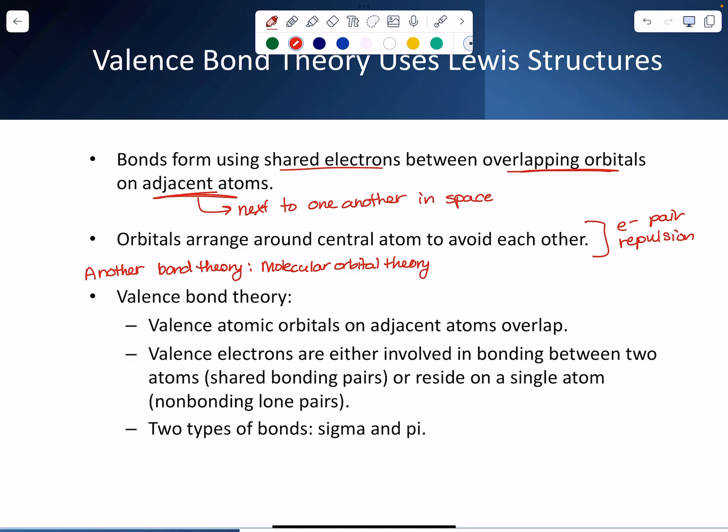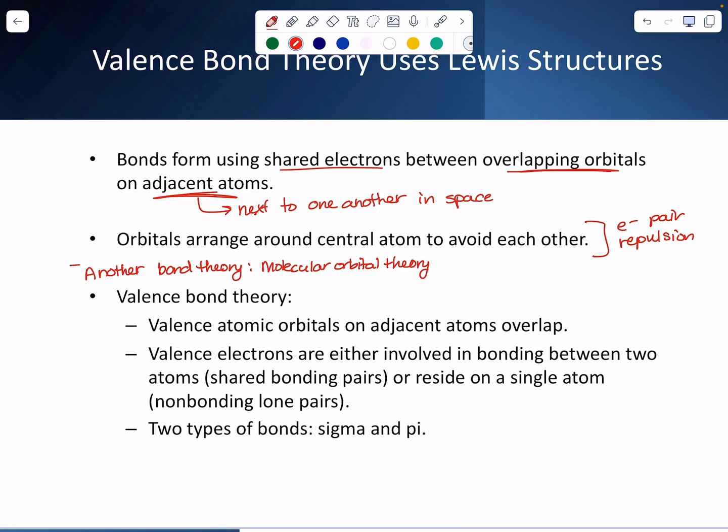And we don't have time to cover that, so we're just going to focus on valence bond theory because it gets us quite far. The differences between the two are going to be how the specific location of an electron involved in a bond is determined, how its energy is determined, and how we explain unpaired electrons.